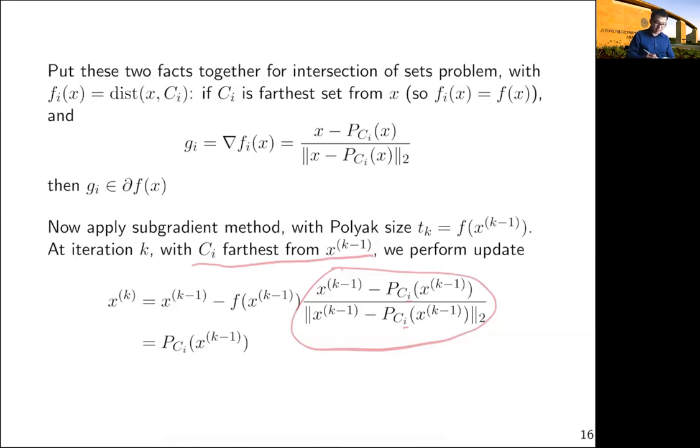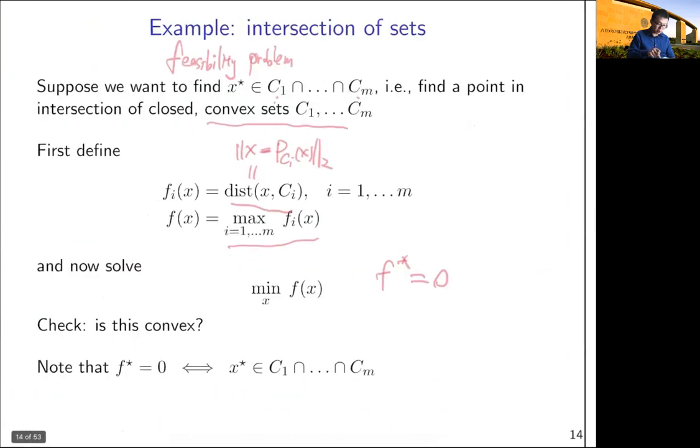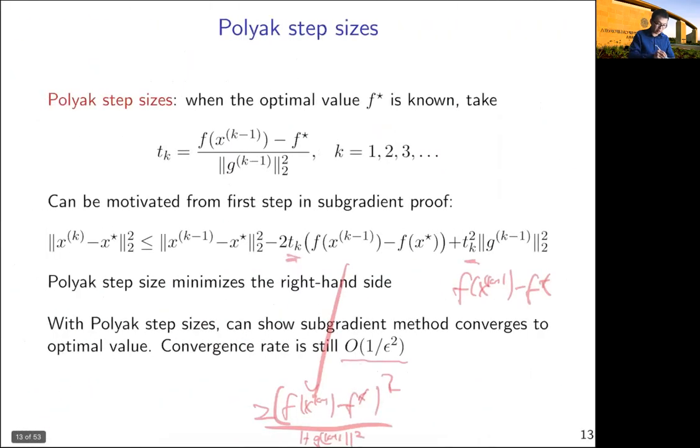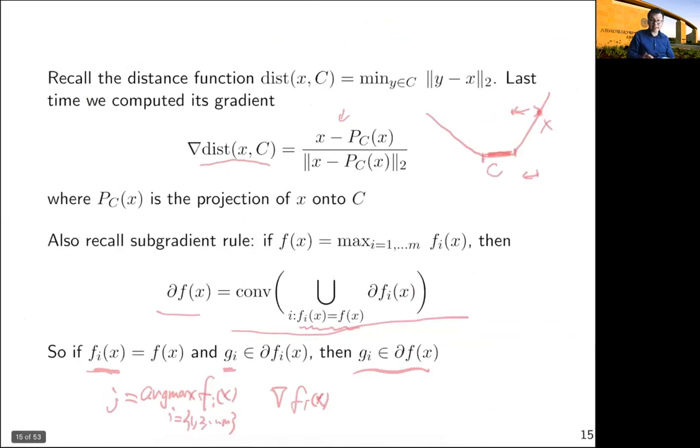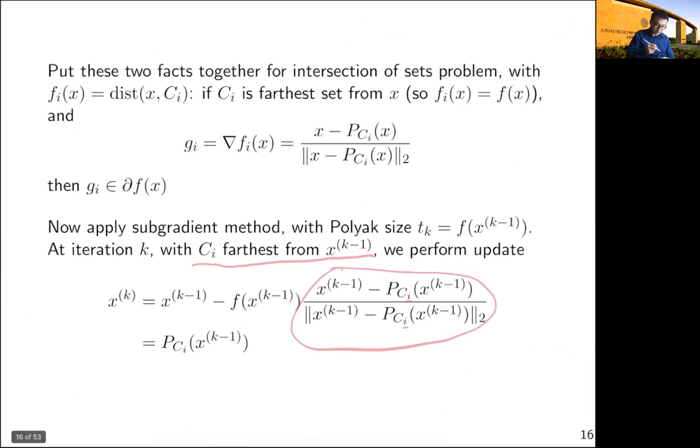So the Polyak step size, when you specialize it to this special case, simply becomes f(x_{k-1}). Let's go back to the Polyak step size and look at what it actually is. In this case we know that the gradient is always a unit vector. That's why all we get is f(x_{k-1}) minus f star, divided by something that's a unit vector.